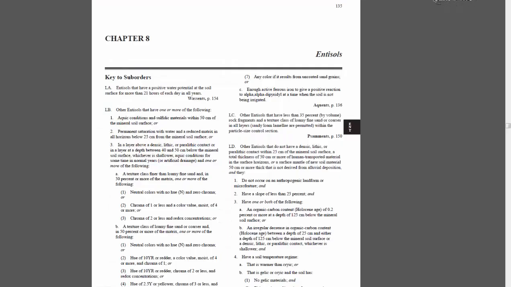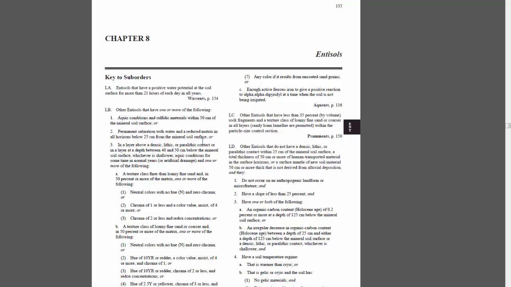I wanted to take a moment here also to highlight Chapter 8, where this is the key to the Entisols in Keys to Soil Taxonomy. They talk about wascents, Entisols that have a positive water potential at the soil surface for 21, it wasn't 21 days, it was 21 hours of each day and all year. So those are underwater soils basically.